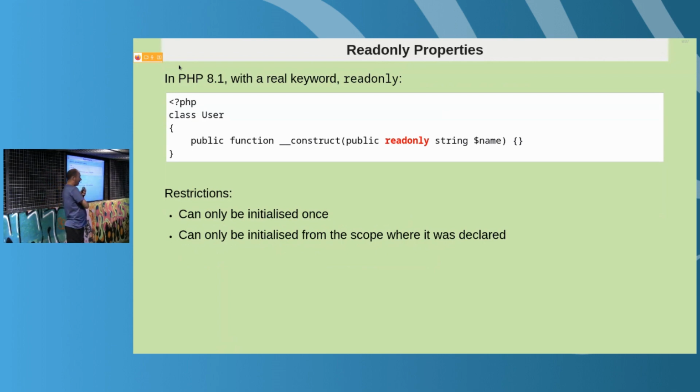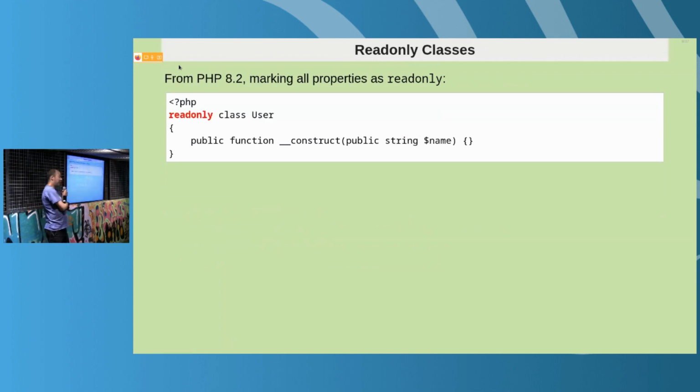That's great. Of course, when you have read-only properties and your class has 24 properties, then sometimes you just want to make the whole class read-only, which is what PHP 8.2 introduced. So you can now have the read-only keyword on the whole class. What this does is it makes all the properties that you have defined read-only by default, but it also does one other thing. It also means you can't have dynamic properties anymore.